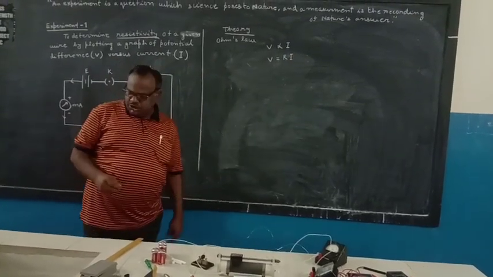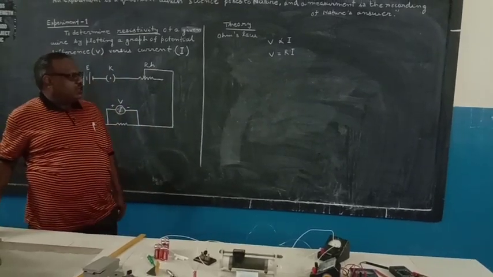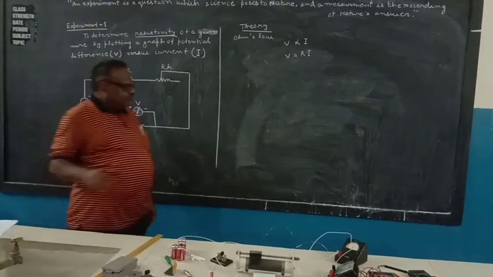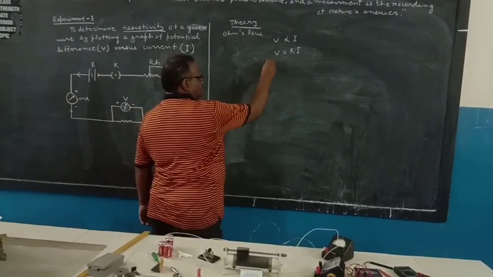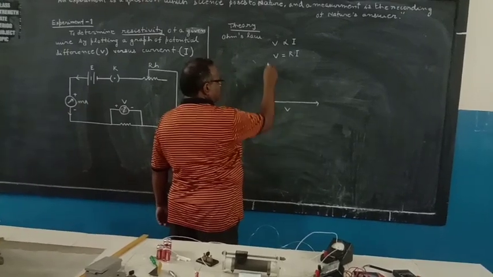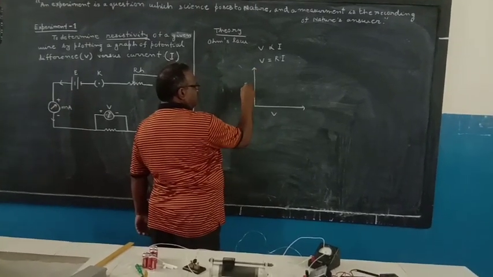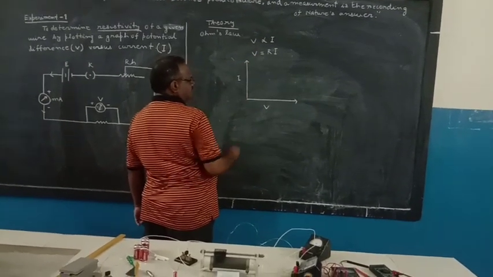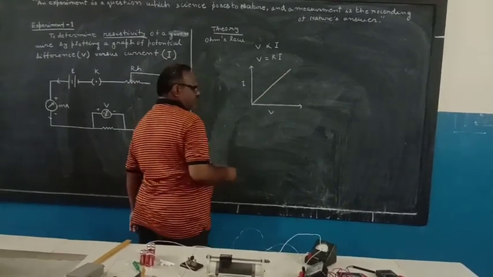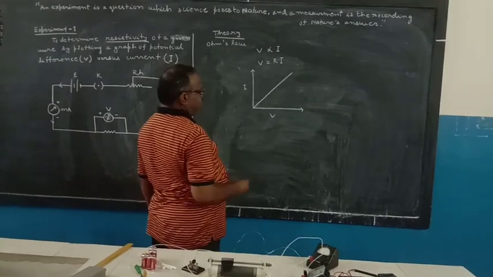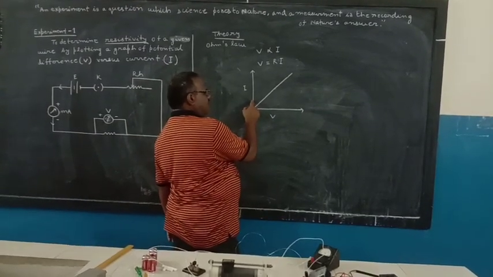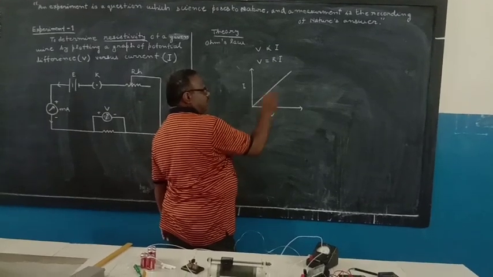So if you are plotting the graph between V and I, suppose you take the potential difference on one axis and current on the other, as it is directly proportional, according to theory, the graph will be a straight line. For different values of V, you find different values of I, and you plot the graph.